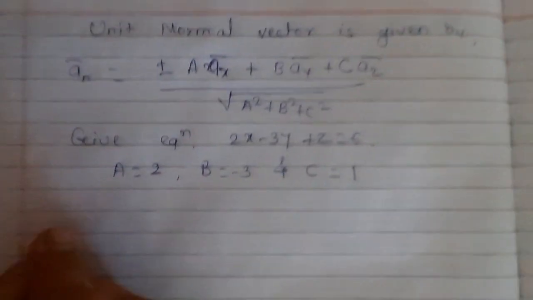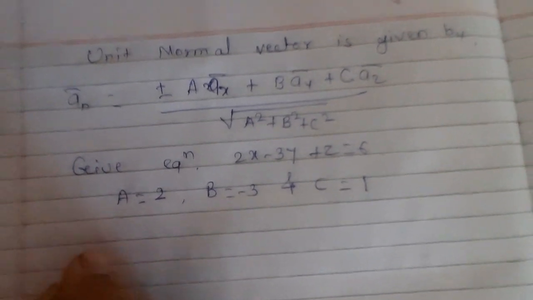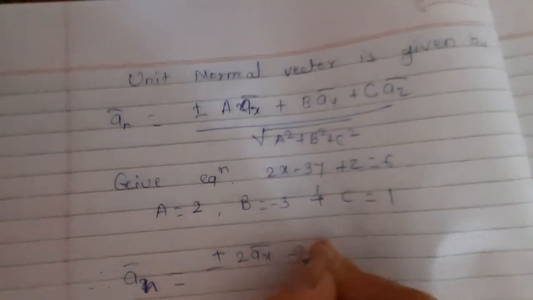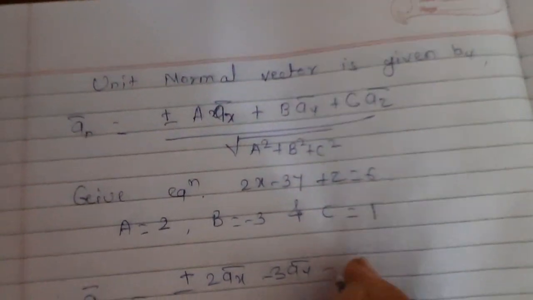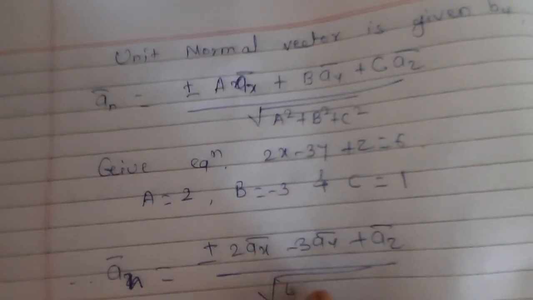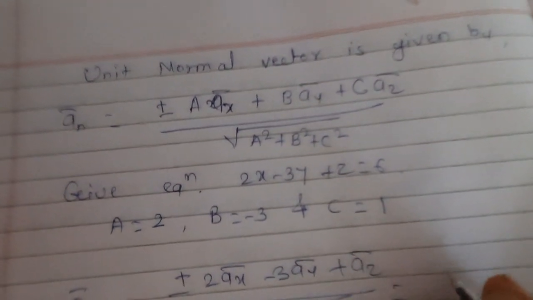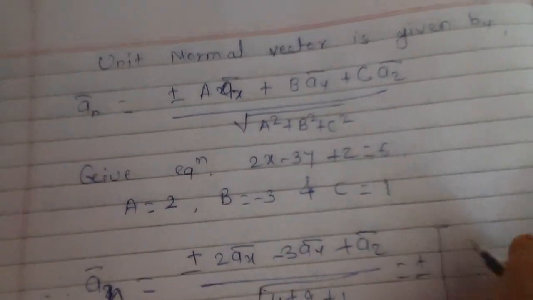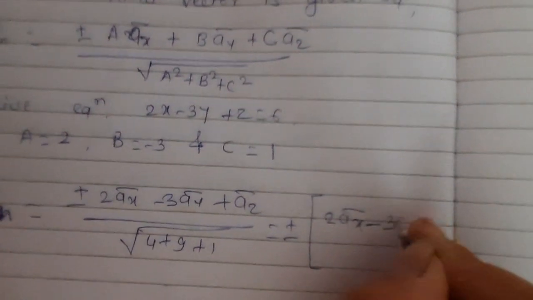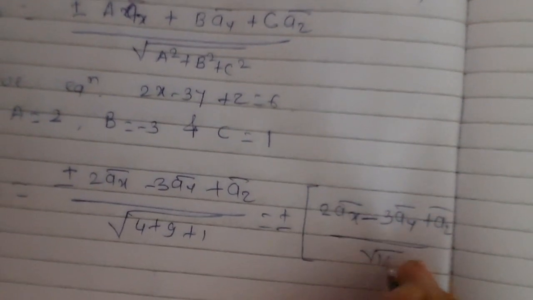So therefore the above equation will be AN bar is equal to plus or minus (2ax bar minus 3ay bar plus az bar) divided by the square root of 2 squared 4, 3 squared 9, 1 squared 1. So it will be plus or minus, common in the bracket, 2ax bar minus 3ay bar plus az bar divided by the square root of 14.